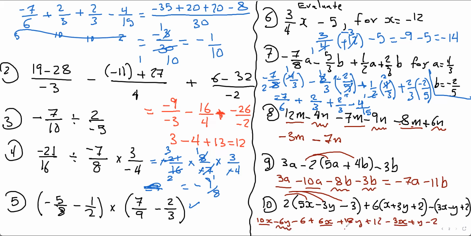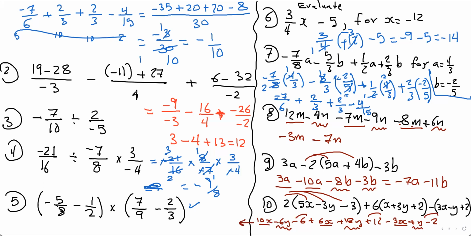Now collecting like terms: this, and this, the y's right here, and then the -6 plus 12 and -2, they are like terms. I think I'm just going to write my answer right here.